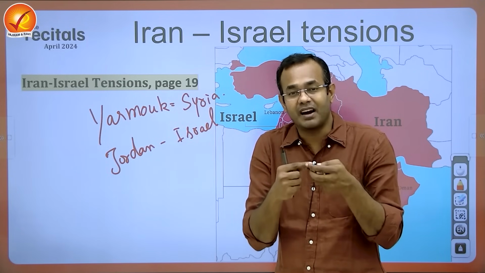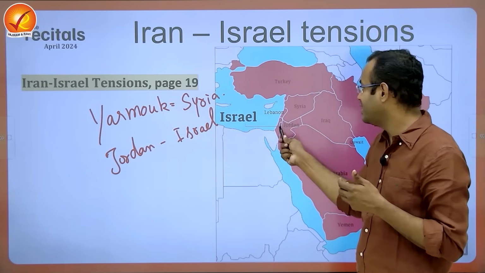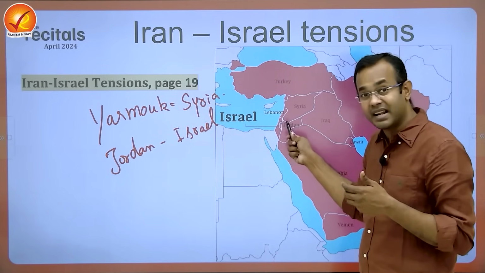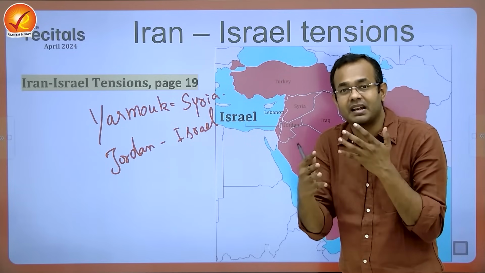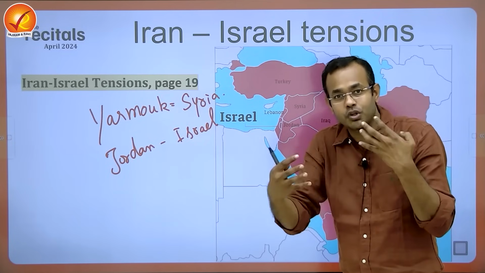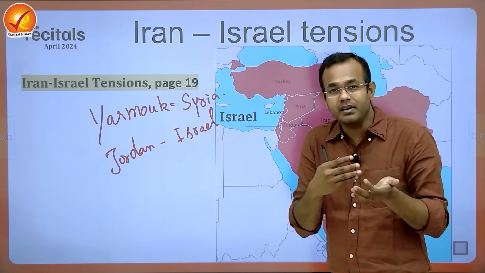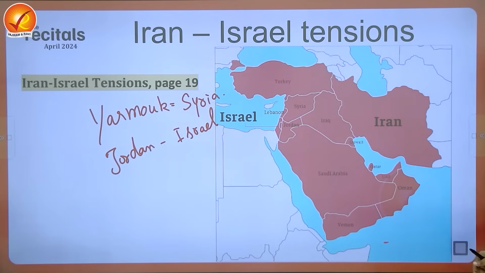That is affected largely because of the tensions between Israel and Syria, Israel and Lebanon, Israel and Palestine, Israel and Jordan. The tensions have been a hindrance for the smooth flow of water between the riparian states.